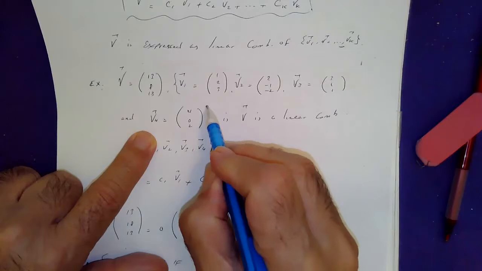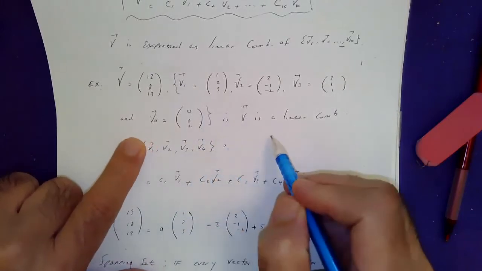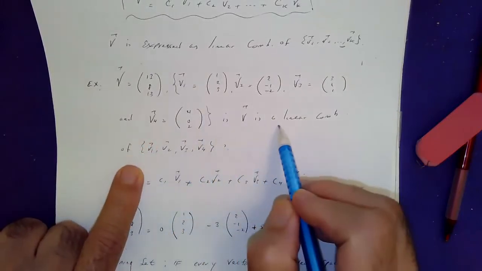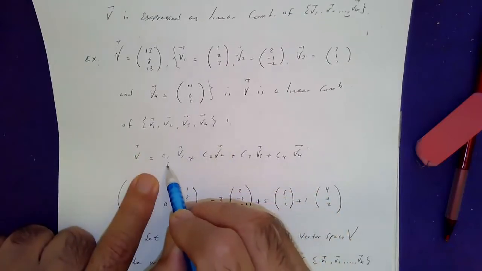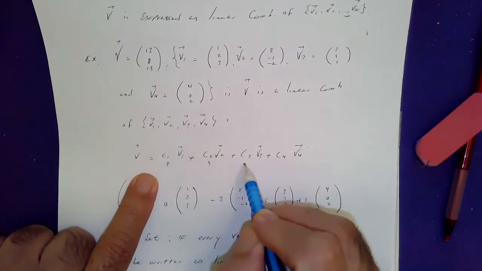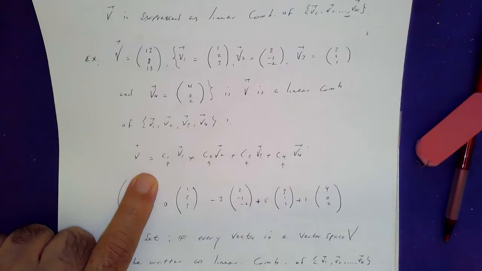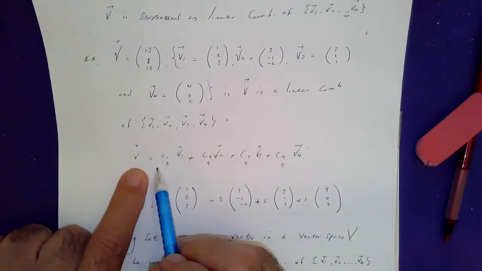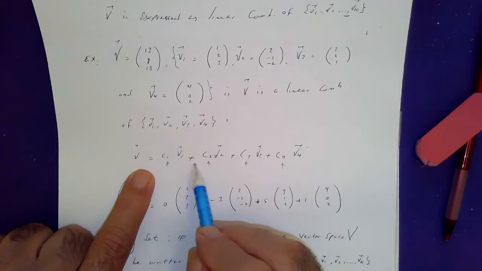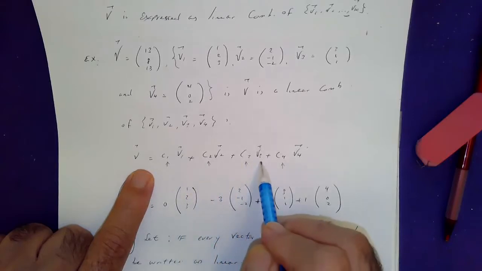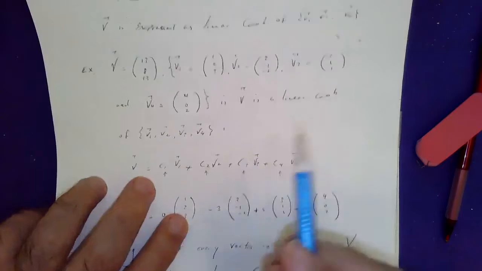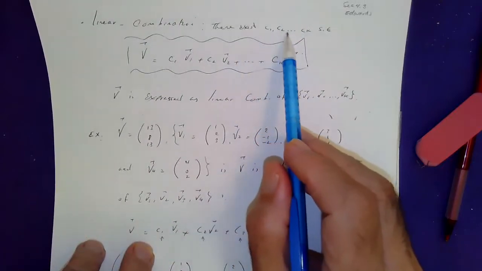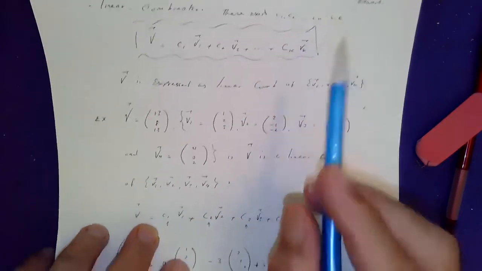So what that means is we're supposed to express v as a linear combination of these four vectors, meaning we're supposed to find constants C1 through C4 such that v can be written as C1 v1 plus C2 v2 plus C3 v3 plus C4 v4. When we say there exist, that means we must find those constants.